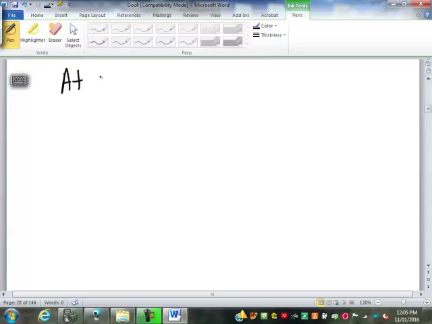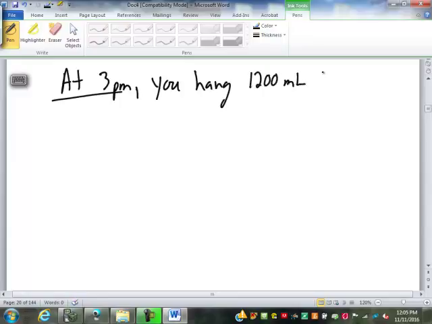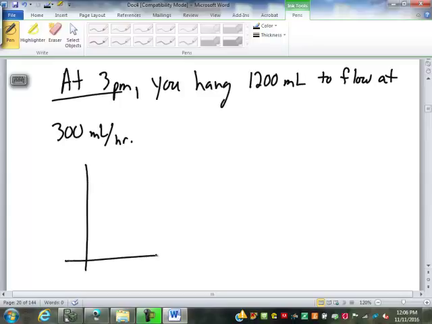Let's say that at 3 p.m., you hang 1,200 milliliters to flow at 300 milliliters per hour. If I want to graph this, now this could be time 0.